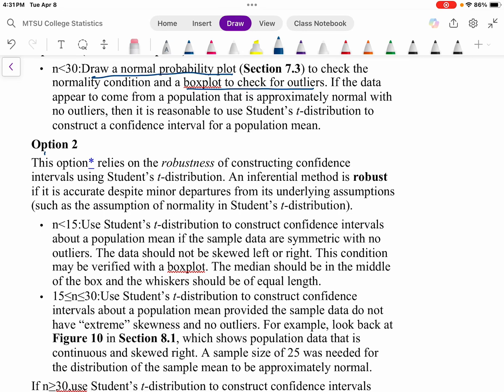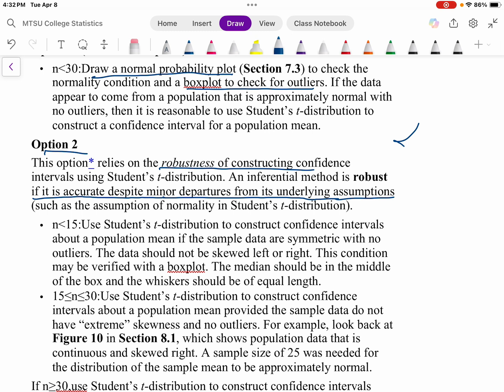The second option relies on what's known as the robustness of the construction of the confidence interval. An inferential method is robust if it is accurate despite minor departures from its underlying assumptions, such as the assumption of normality that we referenced up above.